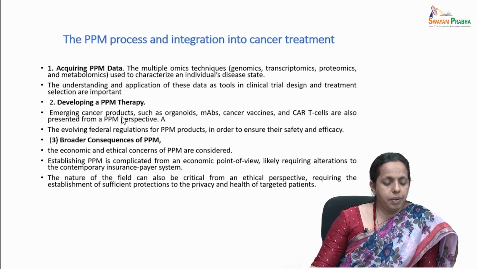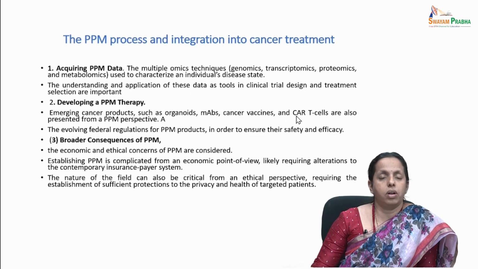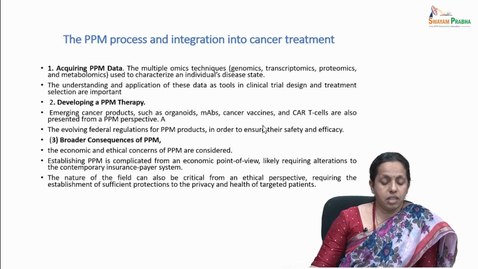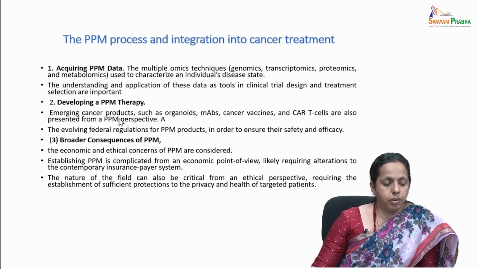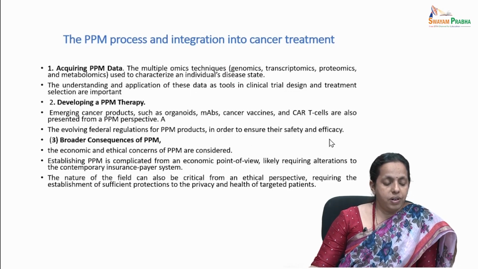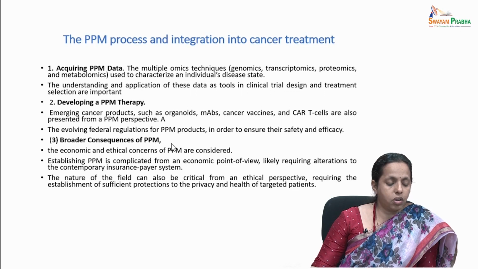And then emerging cancer products, such as monoclonal antibodies, cancer vaccines, and CAR-T cells, are also part of the PPM perspective. Then you need federal regulations for PPM products so as to ensure that they are safe and efficient. Then you need to consider broader consequences.